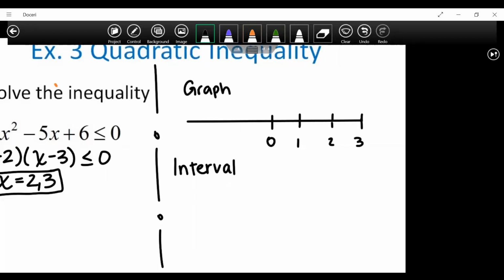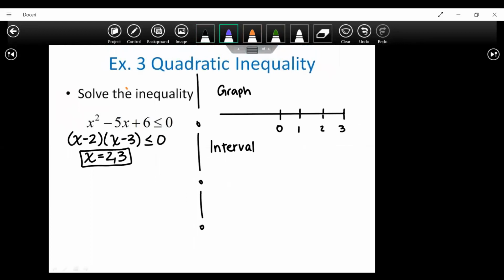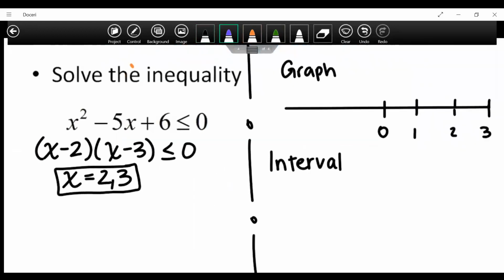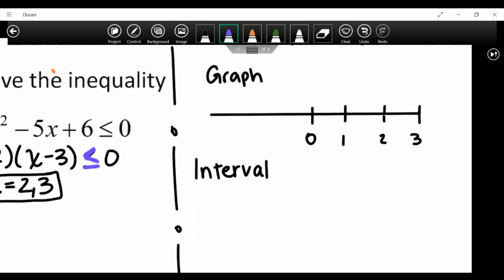Now that we graph the interval, we have our solution. Let's look at the inequality. It's strictly less than or equal to. So just before we even do it, do we have open or closed circles? Closed, definitely closed. So at 2 and 3, we definitely have closed circles because of the inequality.